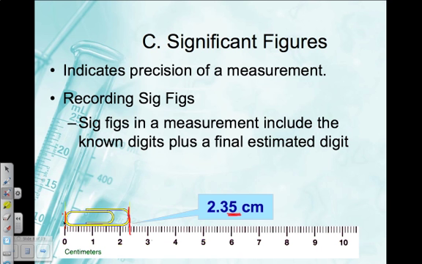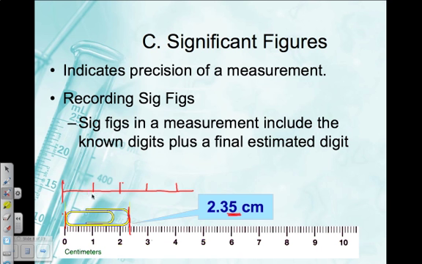But let me show you something else. So I'm going to take the measurement of this paper clip again, but I'm going to use a different type of ruler. So I'm going to draw my ruler right here. Okay, but this one only has big dashes. So right here, this is 1 centimeter, 2 centimeters, 3, 4, but there's no little dashes in between.